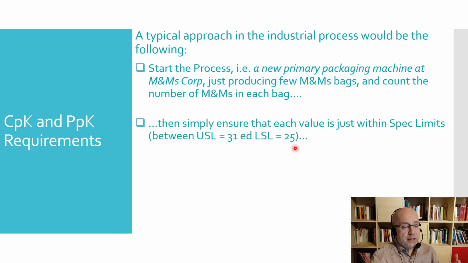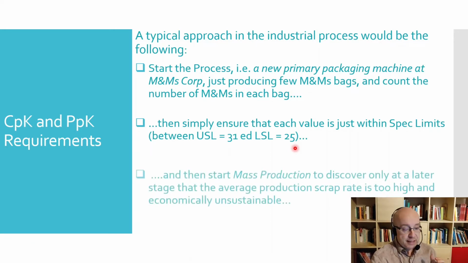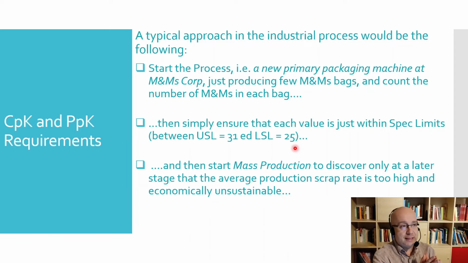The typical approach, which we will see later on is wrong, is to just ensure that the values obtained, just these few data, are within specifications, and then start a mass production to discover only at a later stage that the average production scrap rate is too high and economically not sustainable.